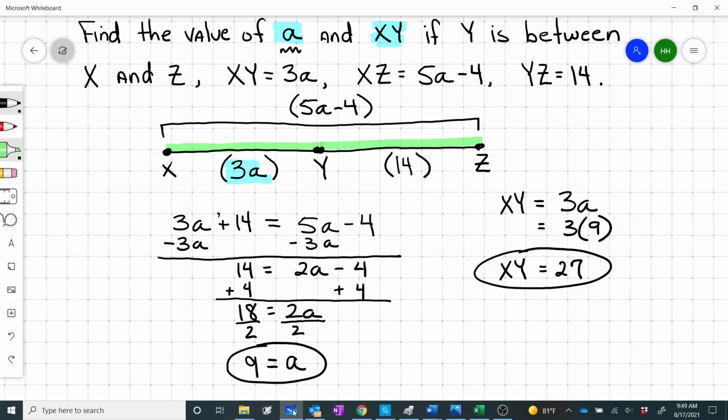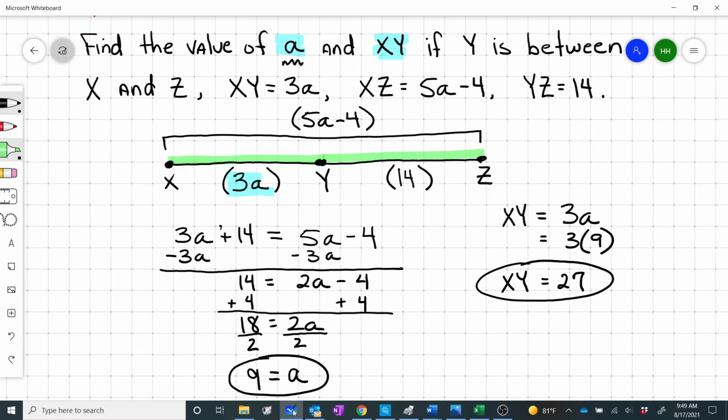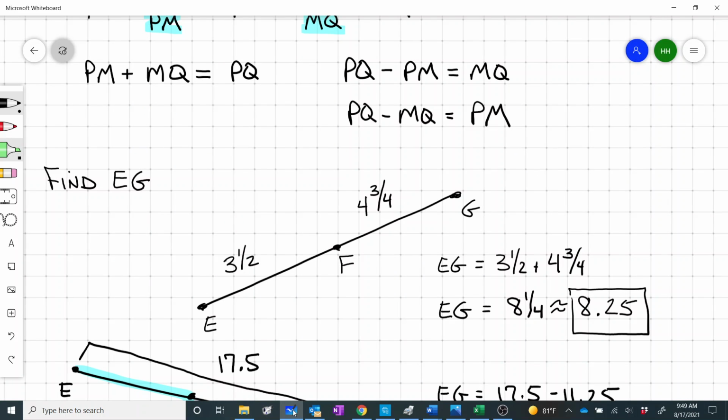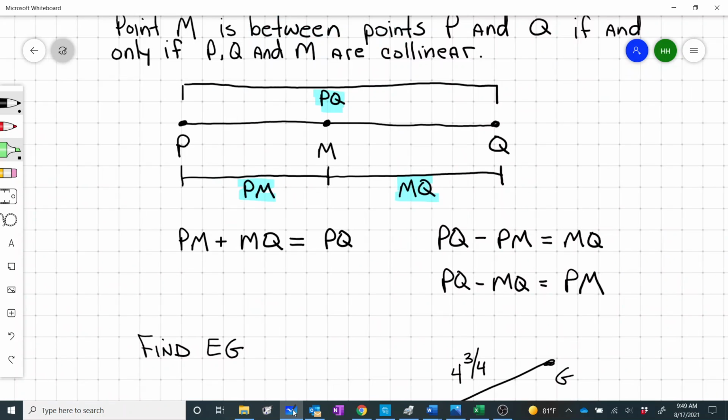Alright? The total length of the segment minus one of the smaller lengths equals the other smaller length. So however you have to set up your equation, just follow that rule up here of betweenness. Alright? You can always go back to this rule when you're working on these problems.